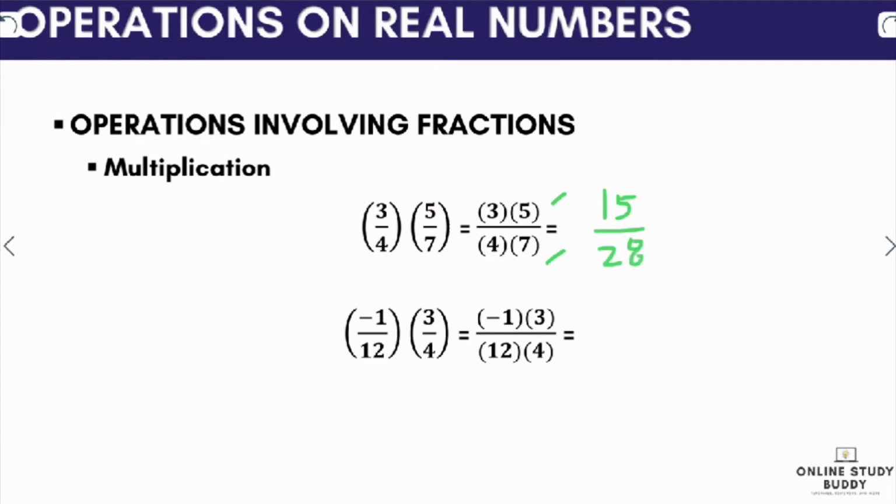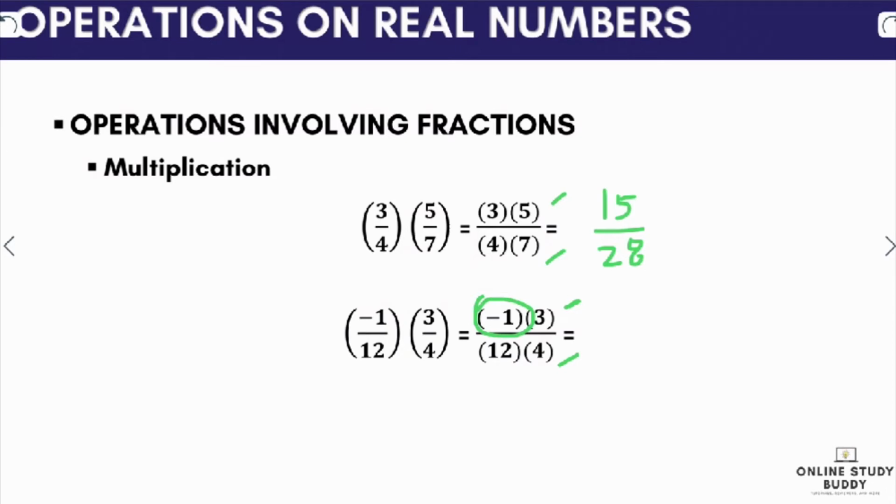Next, negative 1 over 12 times 3 over 4. So we have negative 1 times 3 all over 12 times 4. So note na since yung fractions dinidefine na natin as ratio ng two integers, we can have negative integers sa numerator or sa denominator.